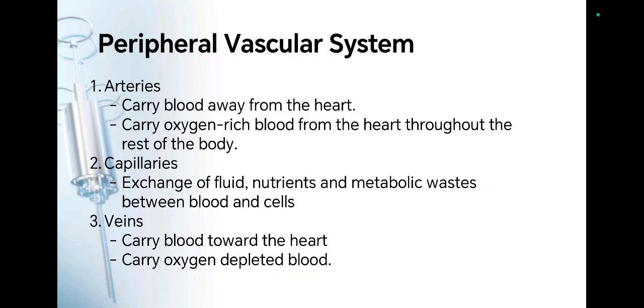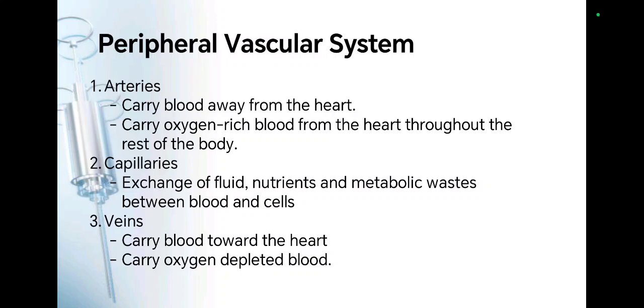Your arteries carry blood away from the heart. They carry oxygen-rich blood from the heart throughout the rest of the body. However, we do have a specific artery that carries unoxygenated blood, particularly your pulmonary artery, because this artery receives the unoxygenated blood from the right ventricle and sends it to the lungs for oxygenation. Now we have your capillaries.